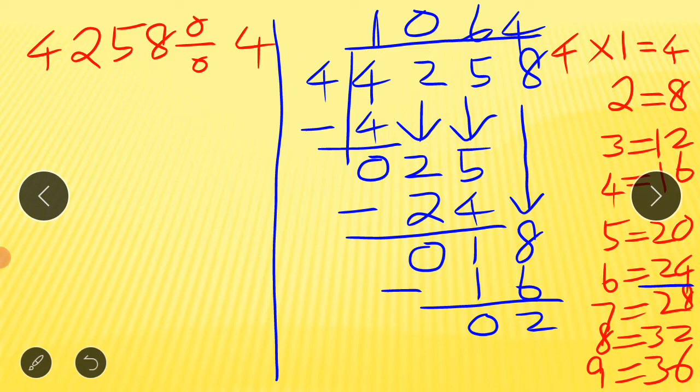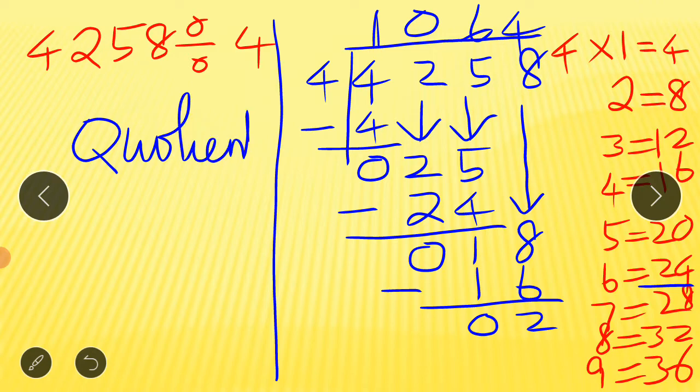Is there any other digit to bring down? No, there is no other digit to bring down. That's all, the division is getting over. Now we need to pick up the answer. This is called the answer row, that is the quotient.